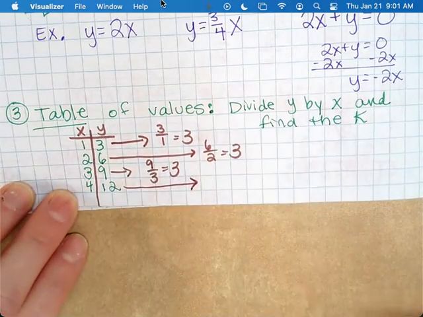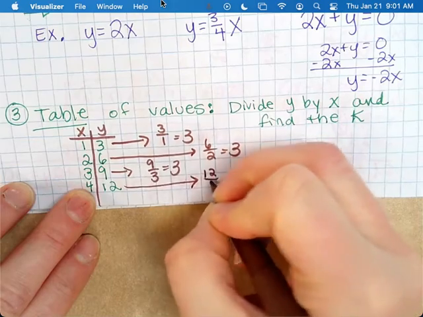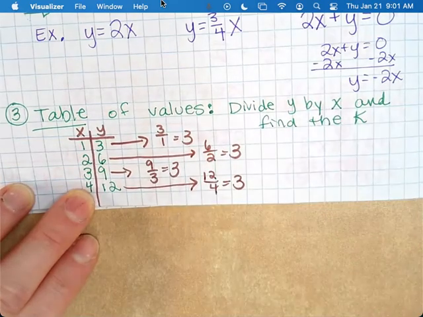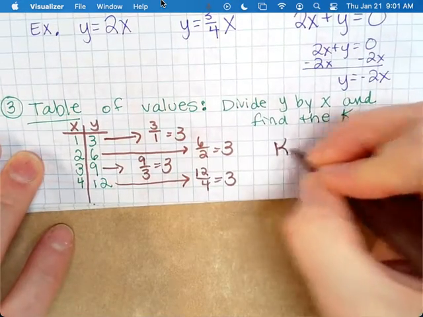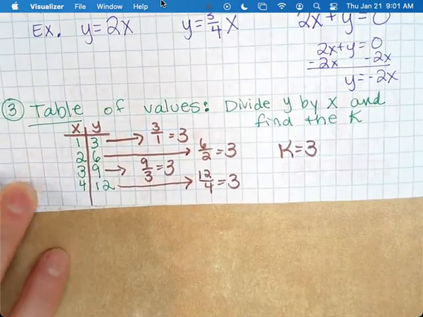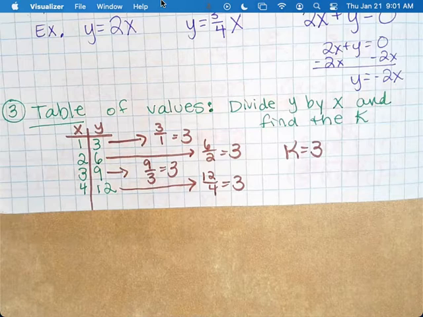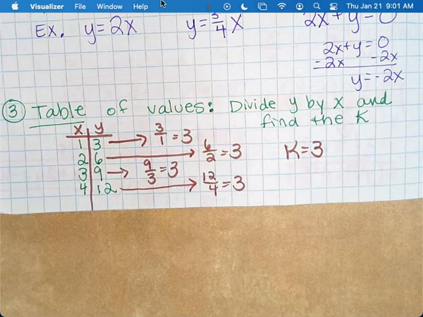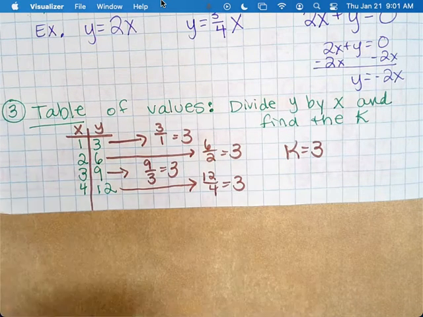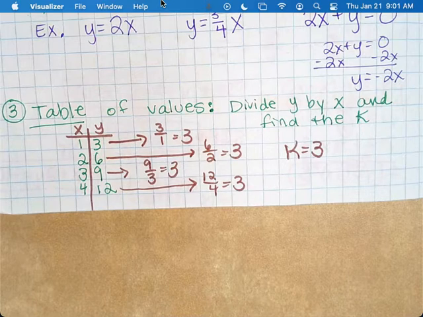And then this one, 12 divided by 4 equals 3. So this is direct variation, and k equals 3. Okay, so those are the requirements for direct variation.